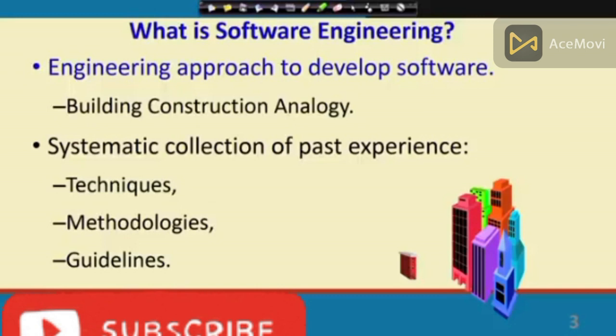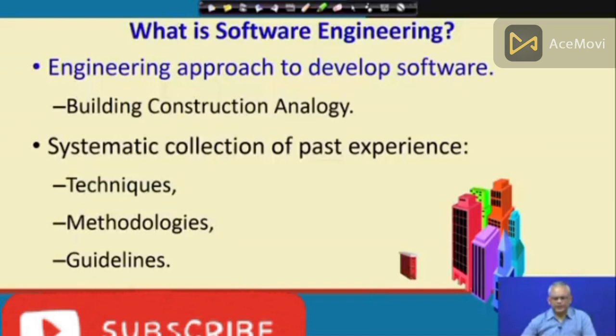An alternate definition of software engineering is that it is a collection of past experience which has resulted in various techniques for development of large software, methodologies for development, and some guidelines and tools. As we proceed with this course, we will be clear about what the techniques, methodologies, guidelines, tools and so on are.